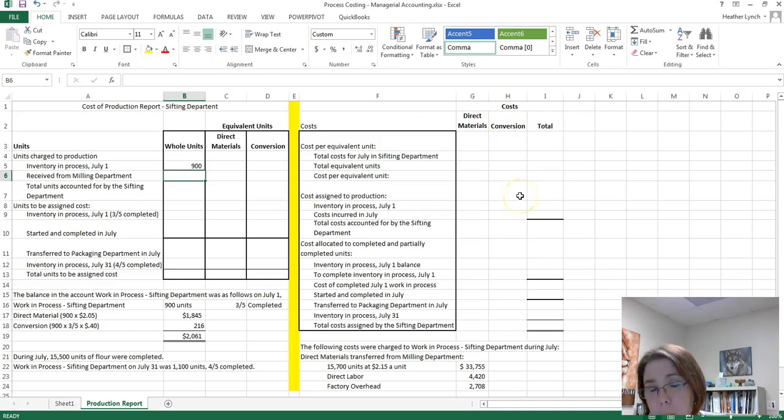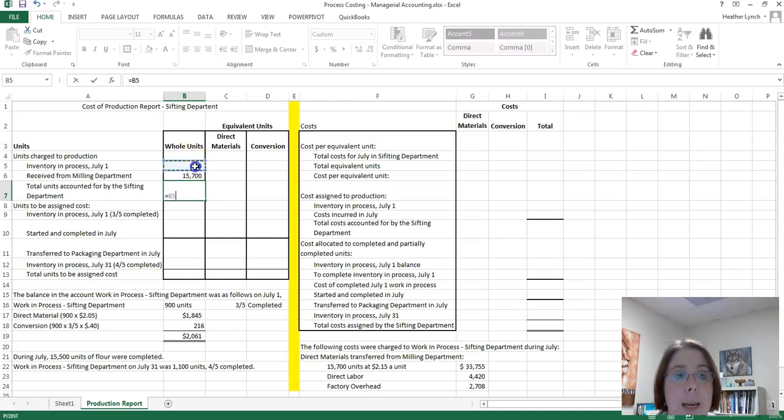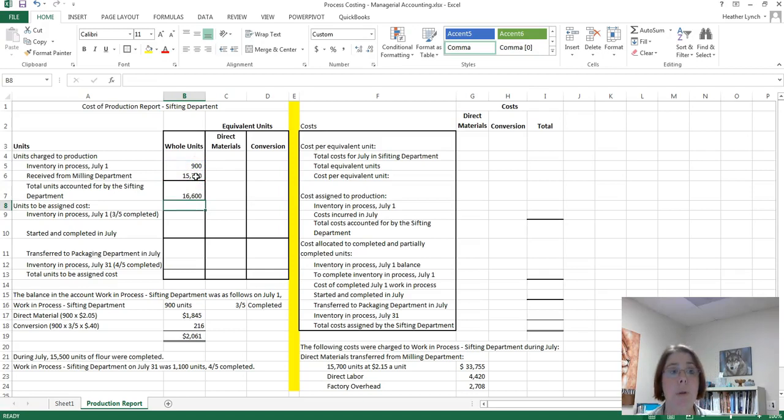That's going to come over here when we get to that part. All I care about right now is the 15,700 units. So I add my 900 plus my 15,700 units. That gives me the total units accounted for by the sifting department: 16,600. We had 900 already in process, and milling gave us another 15,700 units.